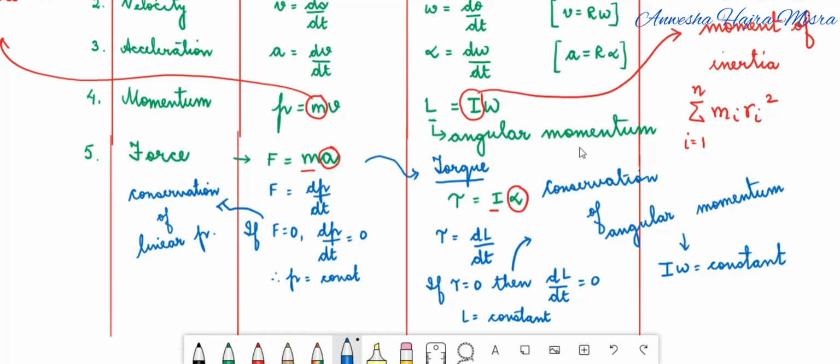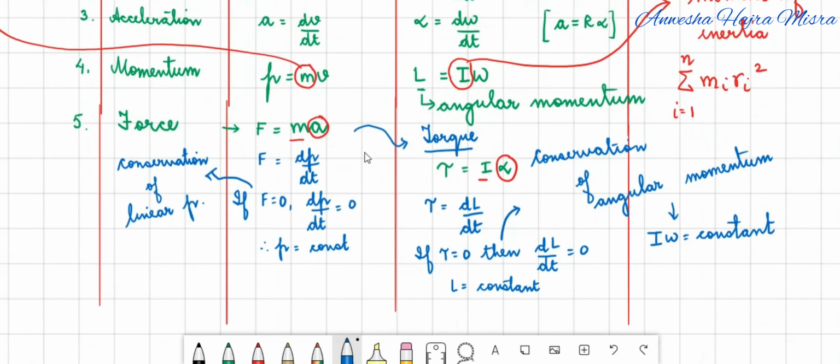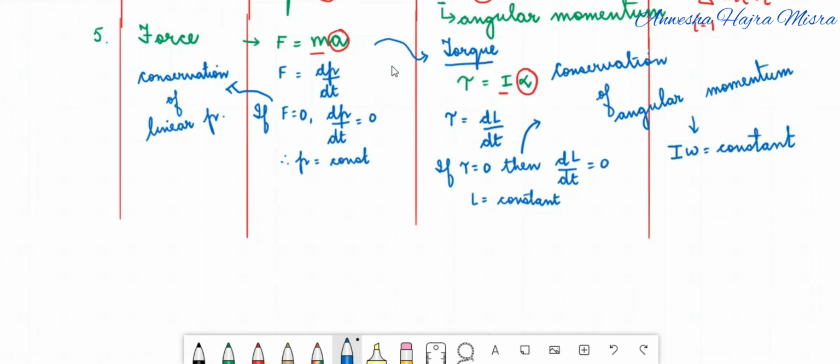Other than this, what we have learnt? We have learnt what is work. Work for translational motion is force into displacement, and for rotational motion, work is torque into angular displacement. We have also studied what is kinetic energy.